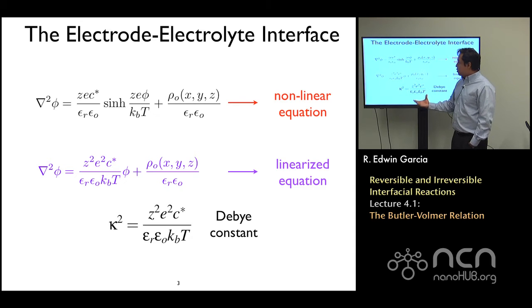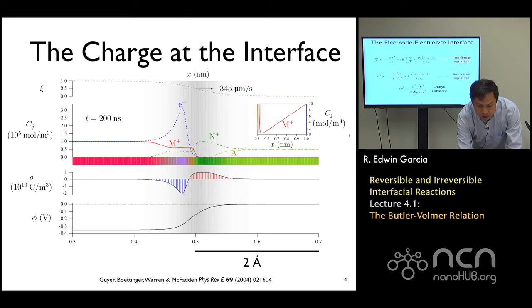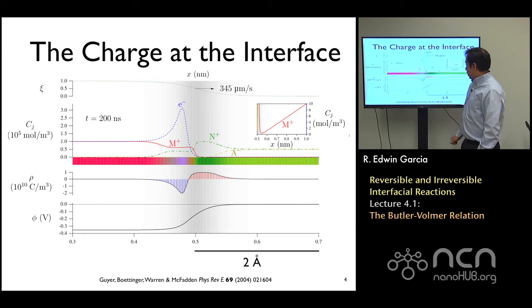Now, this of course corresponds to the simplest description, and a more sophisticated description was done by Geyer, Bettinger and Warren, and here what you have is the concentration.